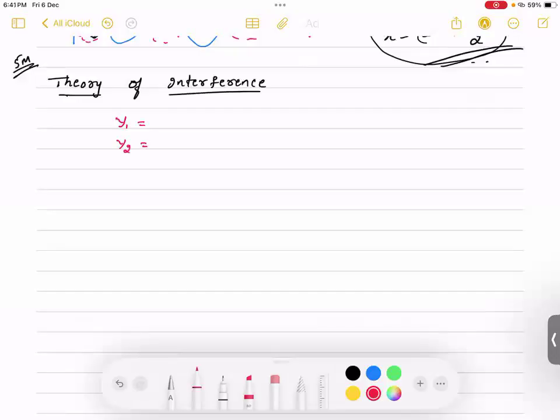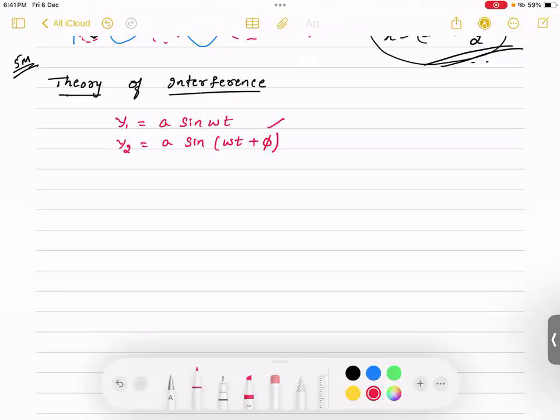Yeah, 2 waves. Let them be y1 and y2. First one, I will write as a sine omega t. Second one, I will write as a sine omega t, but with an extra angle, let it be phi, the extra phase. So if the first wave is traveling at 0 degrees, the second wave is traveling at 30 degrees extra. That extra phase I'm writing as phi.